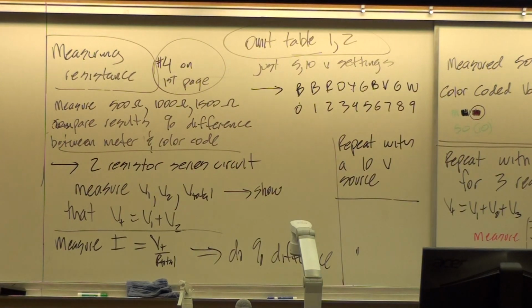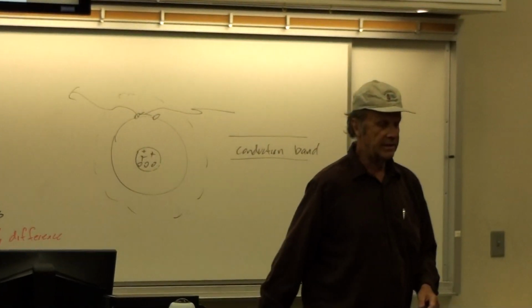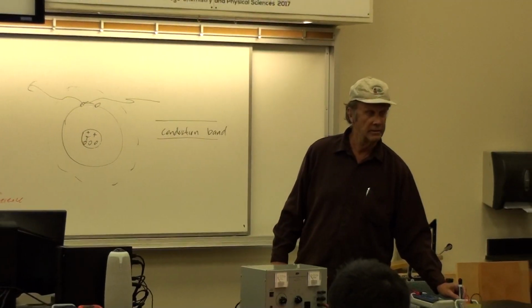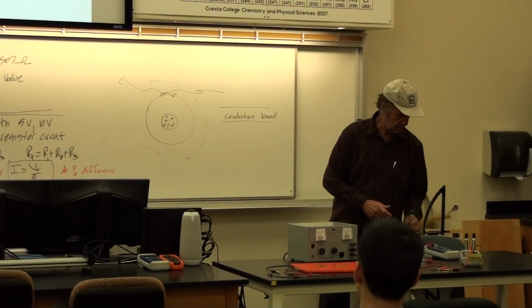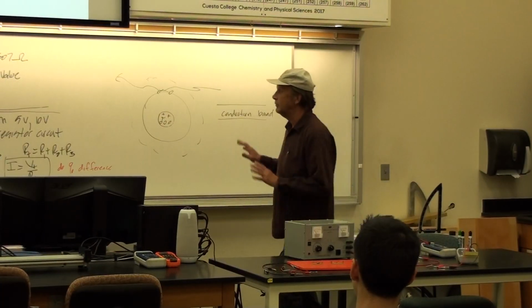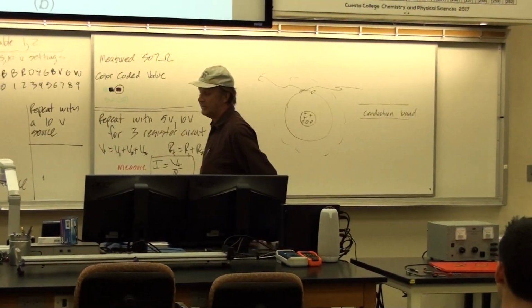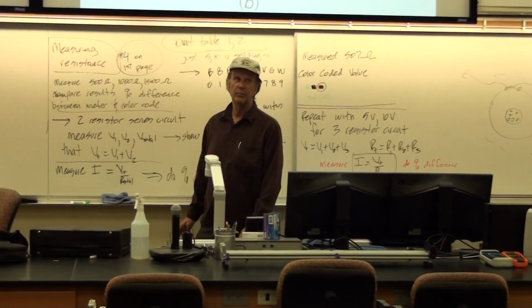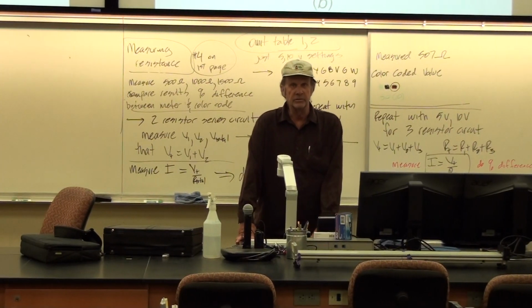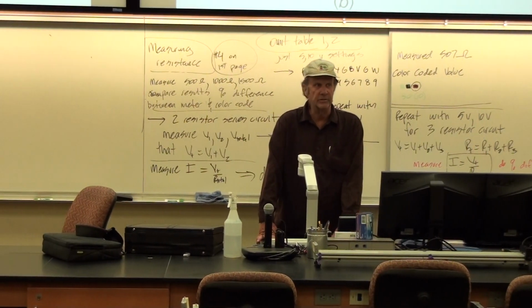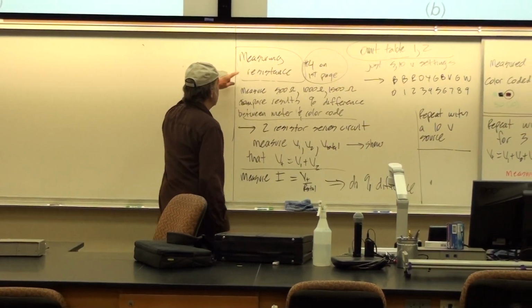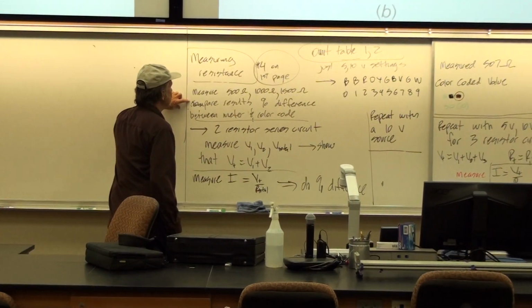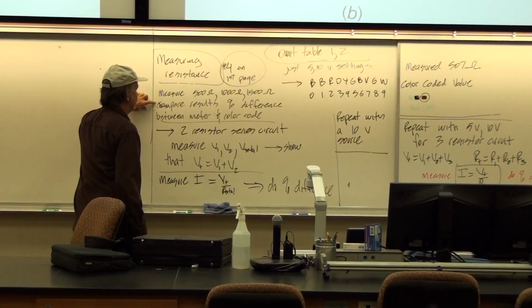And we won't use the analog meter because we don't want to make this lab too involved yet. We'll get to some more sophisticated things next week after I've had more of an opportunity to introduce circuits, which I'll be doing most of next week. So you can get those color-coded values, measure the resistance, and then you'll have them.